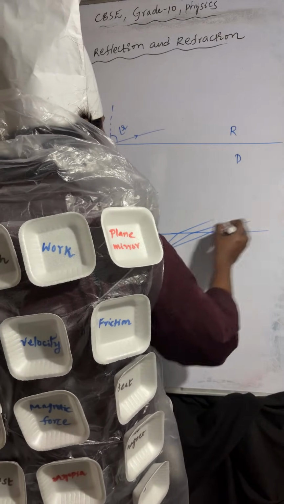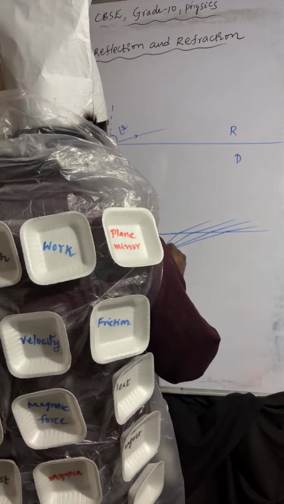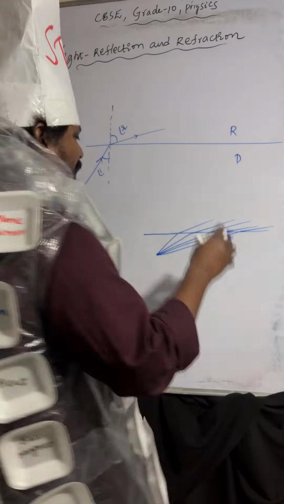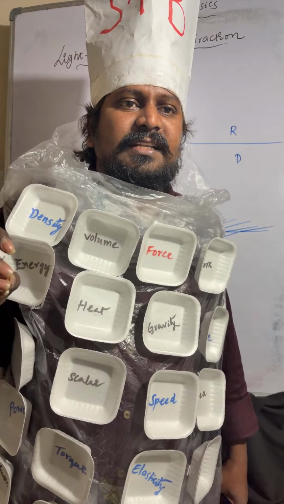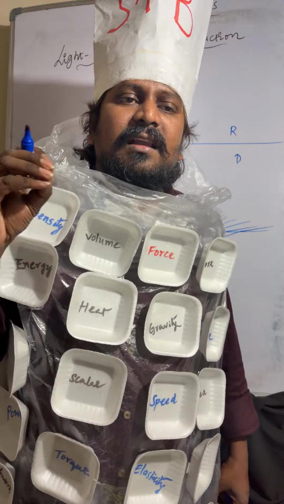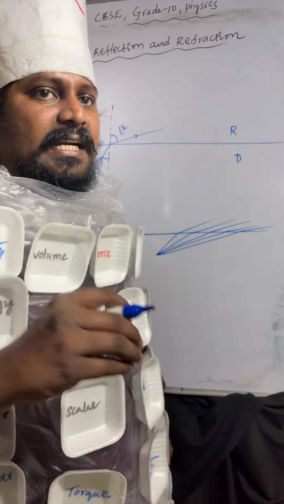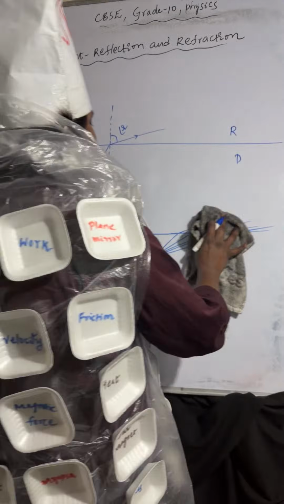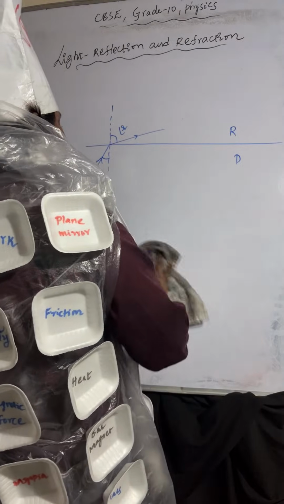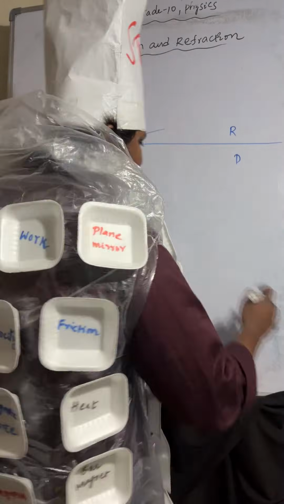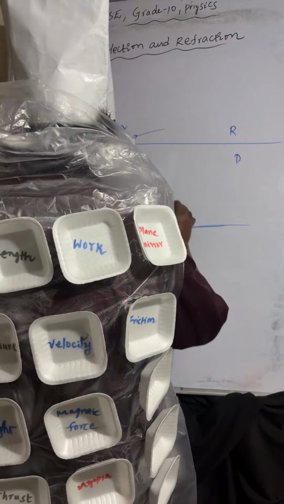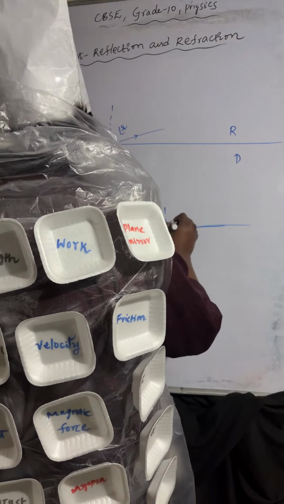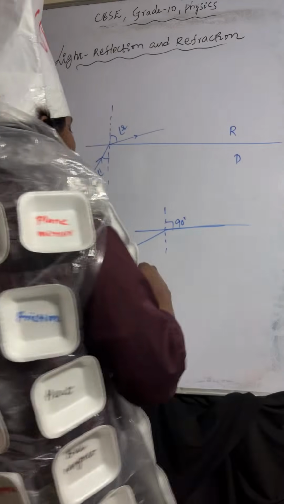But at a certain angle of incidence, the refracted ray passes or grazes or moves along the surface.